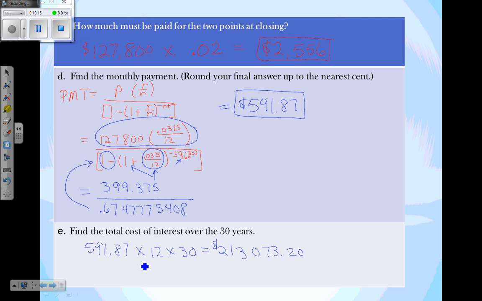Now I'm going to subtract the amount of the mortgage, that's $127,800. And when you subtract that, you get $85,273.20. So this is the amount of interest that we are paying over the 30 years.